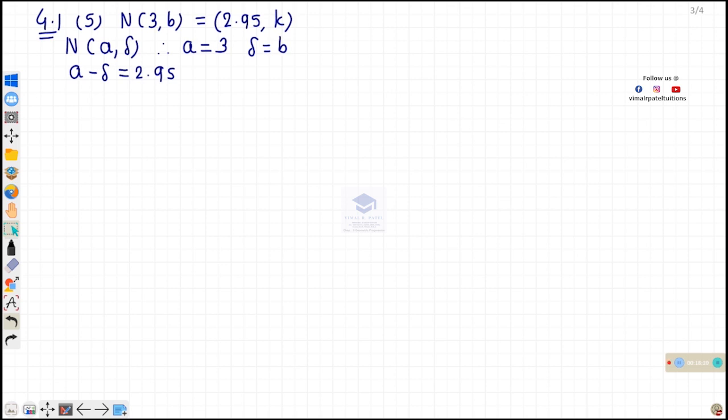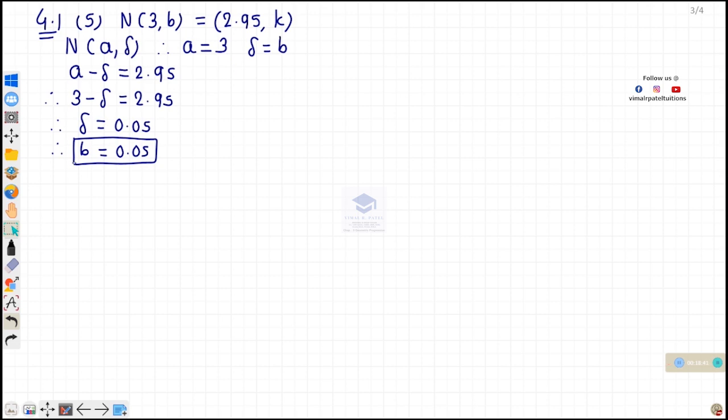Now, A minus delta is 2.95, but A is 3. So, from this, you can say delta is equal to 0.05 and delta is equal to b. So b is equal to 0.05.